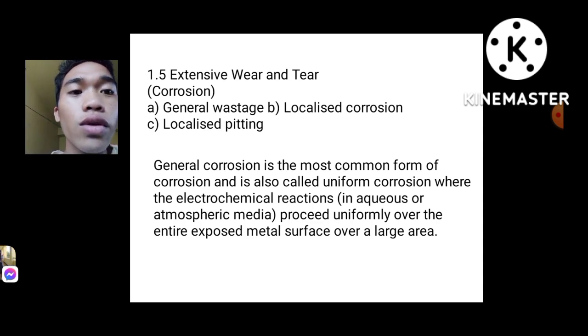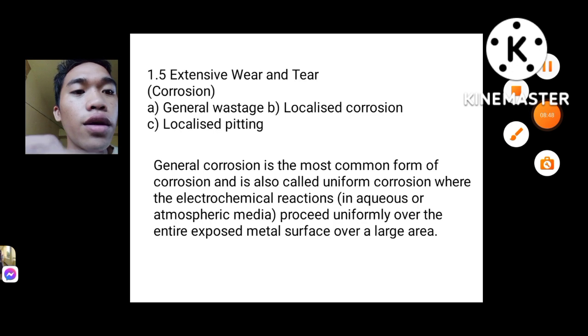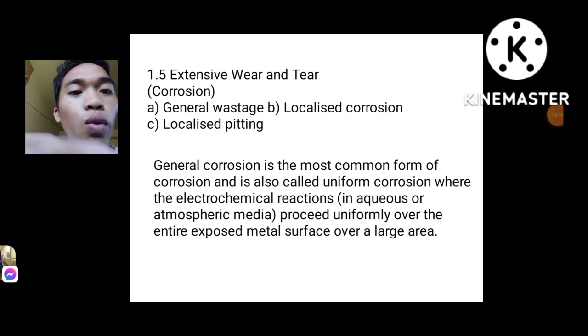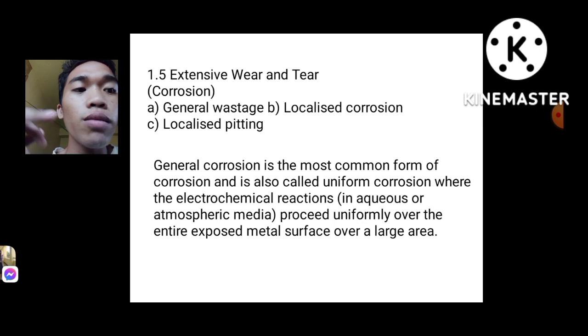General corrosion is the most common form of corrosion and is called uniform corrosion, where the electrochemical reaction in aqueous and atmospheric media proceeds uniformly over the entire exposed metal surface over a large area.